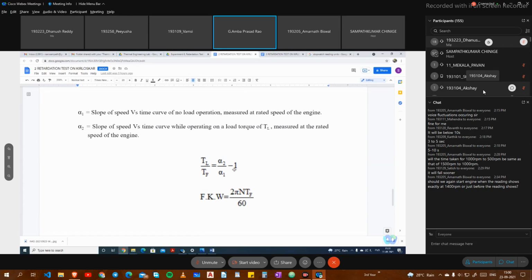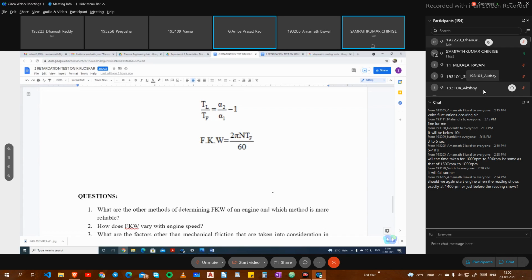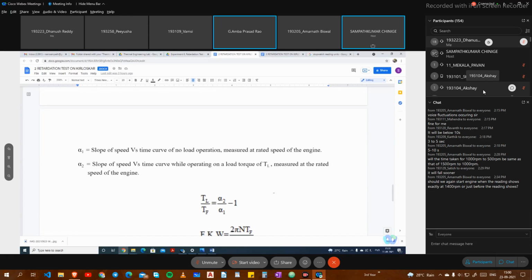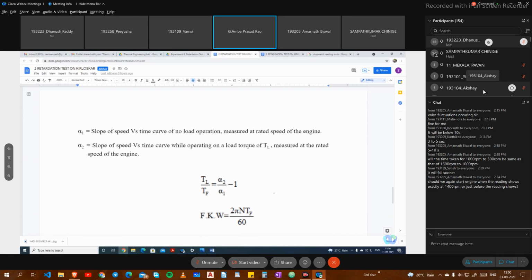So FKW equal to this. They have to find this out. For the same range of speeds, you have to find out the different timings, so delta n. Suppose they take 1200 to 1100 with no load, then the same 1200 to 1100 should be taken here too. So the corresponding time they have to note down. Okay.